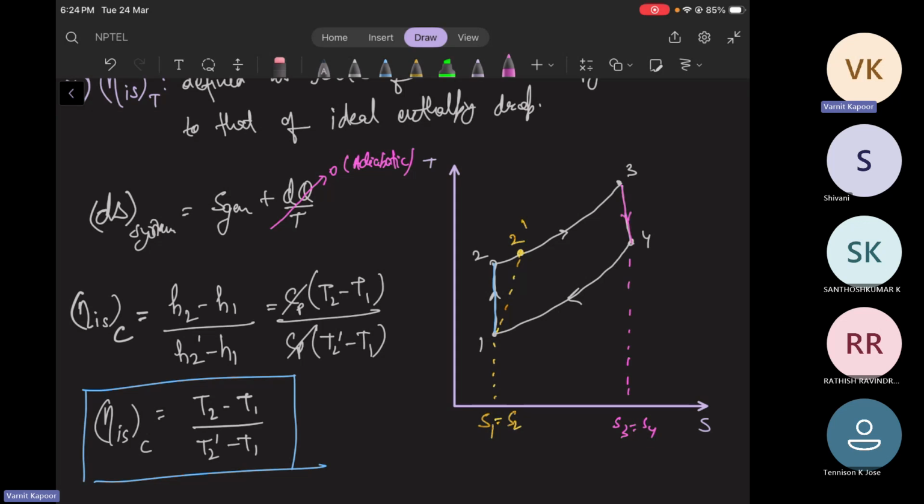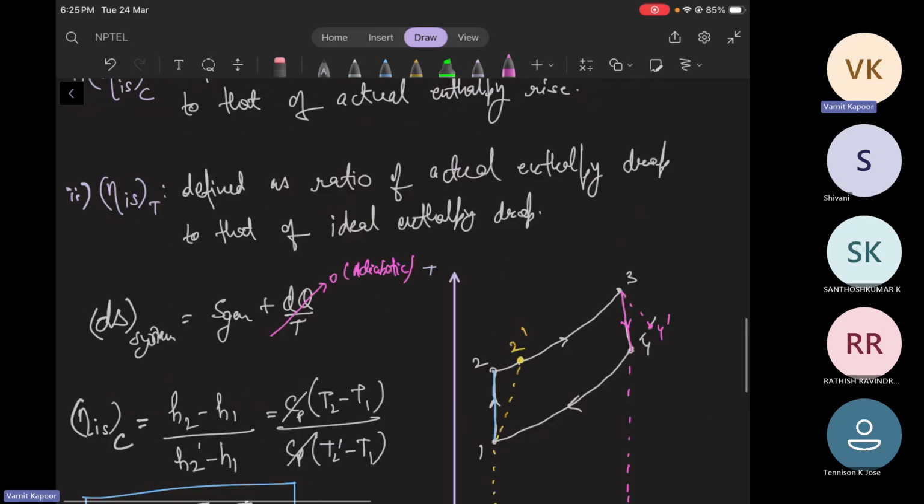Ideally you are not going to get the maximum work output from the turbine. There will be some losses, so entropy will rise again. So my process will be not from 3 to 4, but from 3 to 4 dash.